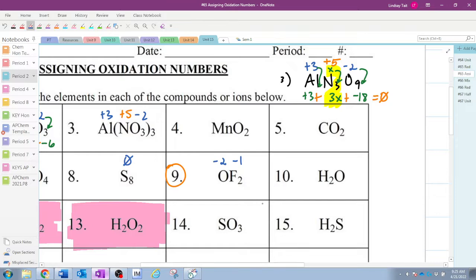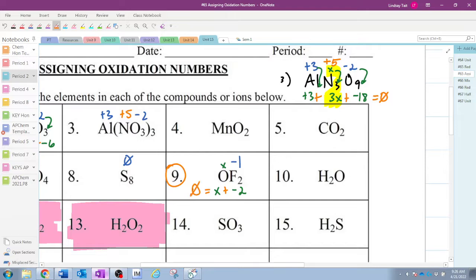So in that case, once I know, hey, it didn't add up right, how do I handle it? Guys, what are the only two elements that have exceptions? Oxygen and hydrogen. So you know what I'm going to do? I'm going to leave the fluorine alone and I'm going to make oxygen X. I don't have to memorize any specific rule for oxygen. I just have to know that it's an exception and that's the one I'm going to change. And now I solve for it. Now I can say that stays X, the fluorides are -2 because there are 2 of them, and adding them together should equal 0.